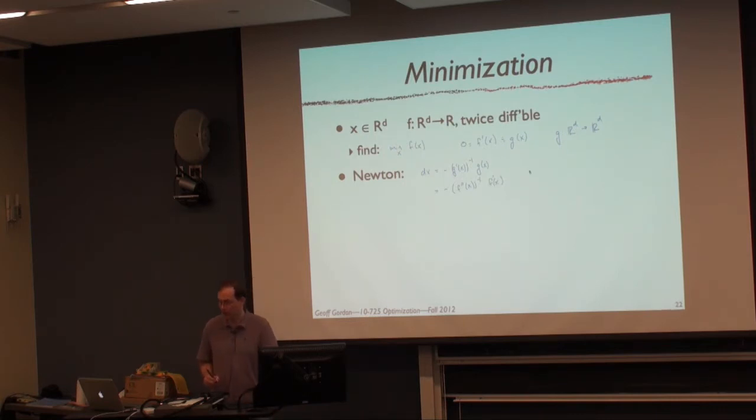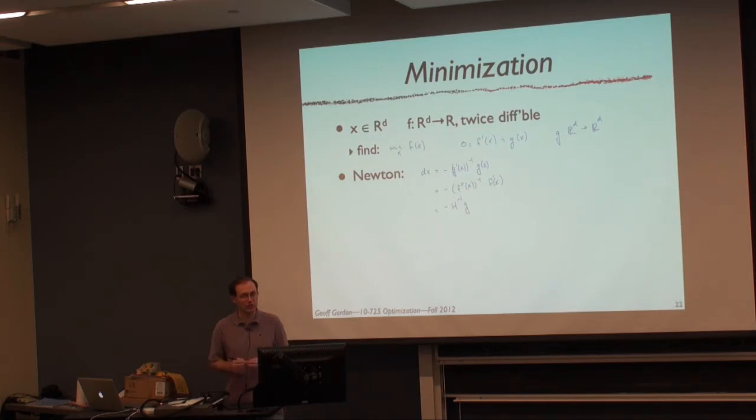And so that's equal then to minus the Hessian of f inverse times the gradient of f, right? And this is the form maybe that's most familiar for Newton's method, minus the Hessian inverse times the gradient. So again, it's got the same benefits and problems as regular Newton's method.